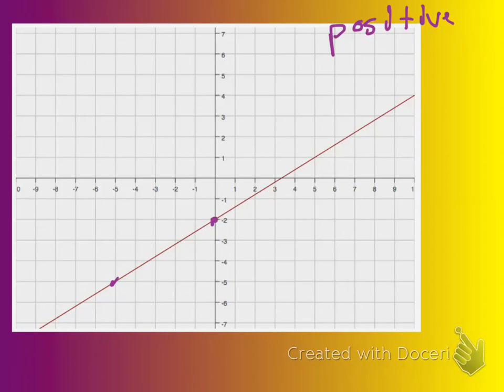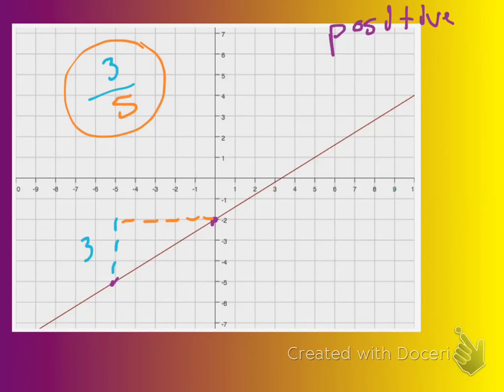If I calculate my rise, which is 1, 2, 3, so 3 over, and then my run, which is right here, 1, 2, 3, 4, 5. 3 over 5 cannot be simplified down anymore, so my answer is 3/5. Hopefully that's what you got on your paper as well.